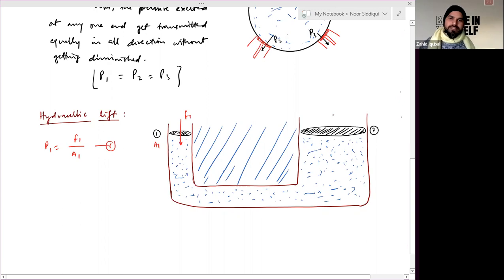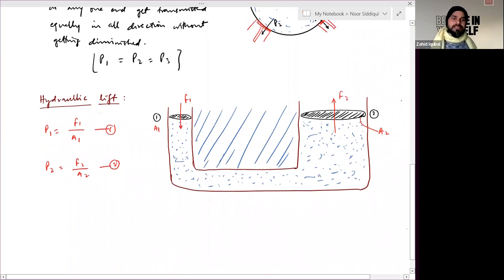As a result, it will exert a force in upward direction F2 having area of cross-section A2. So pressure at point 2 will be force divided by area of cross-section. According to Pascal's law, if this entire system is enclosed and liquid is incompressible, P1 and P2 must be equal to each other. So from equation first and second, using Pascal's law, F1 by A1 must equal F2 by A2. Is it clear?